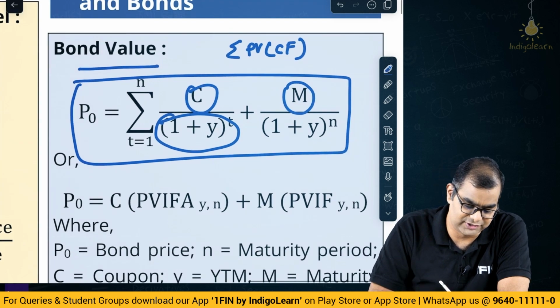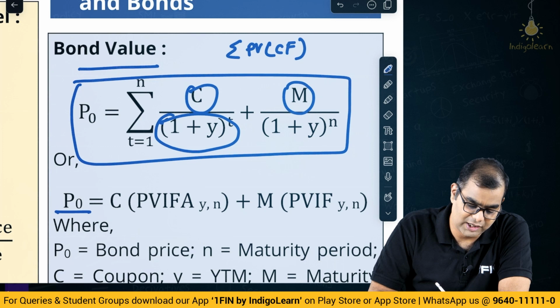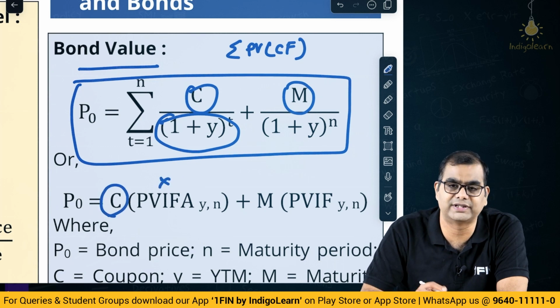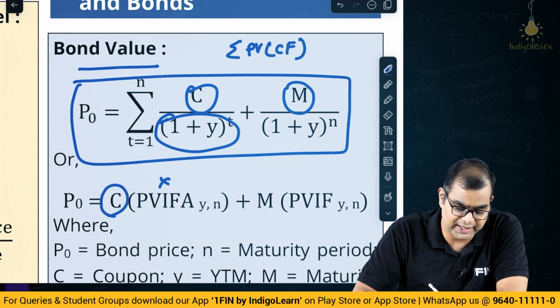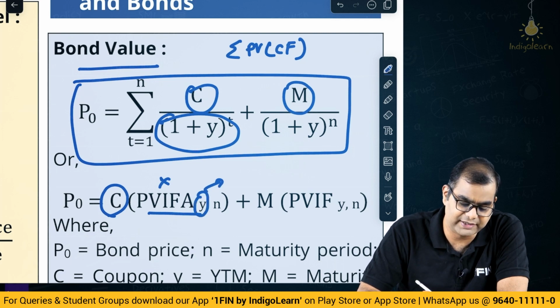So it is basically, you see, P0 is equal to coupon into the present value interest factor annuity, that is, the summation of all the present value factors from year 0 till the last coupon date, for a specific number of years and for a specific rate, where Y is basically the rate, which is the yield.